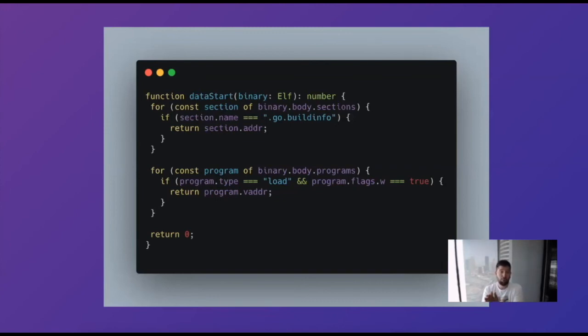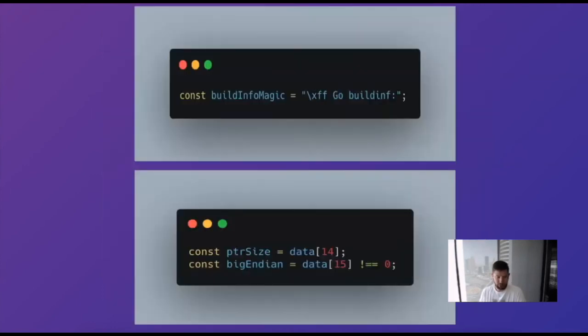If the Go build info ELF section is missing, we are going to retrieve it from the load segment's virtual address. Next, yes. So in this slide, you can see that there is a build info blob left by the linker, and it's identified by a 16-byte header that consists of 2 parts.